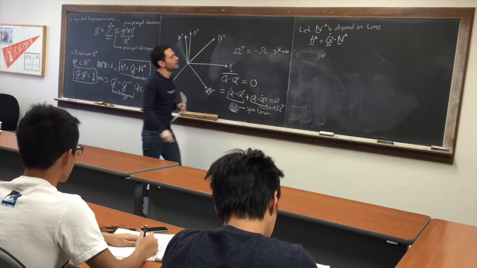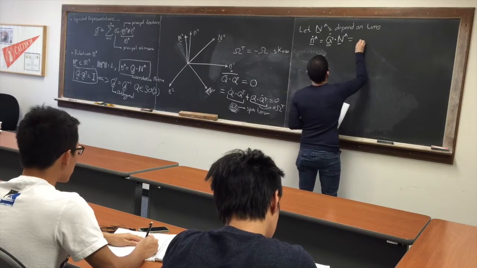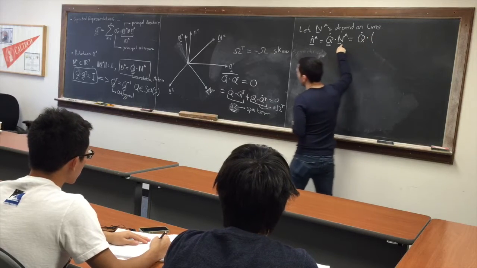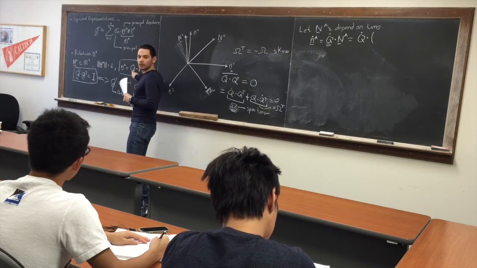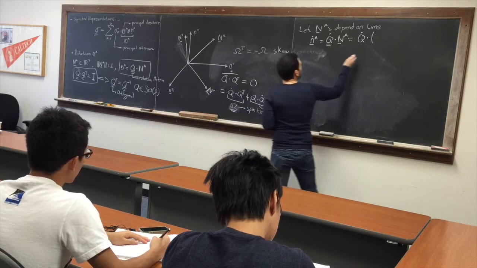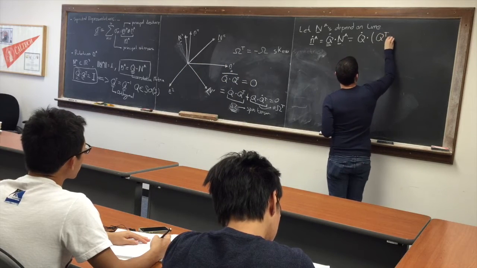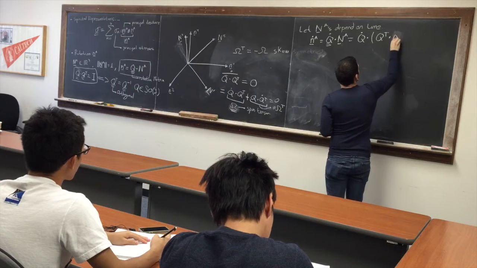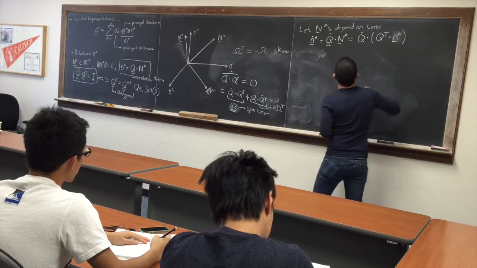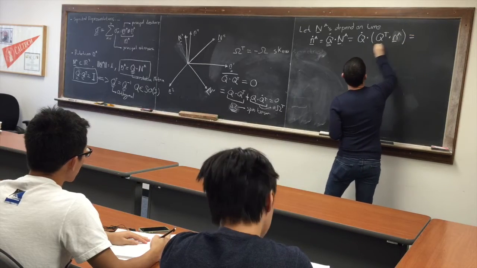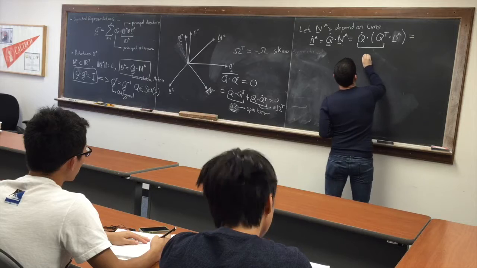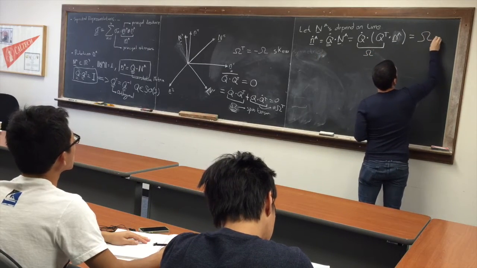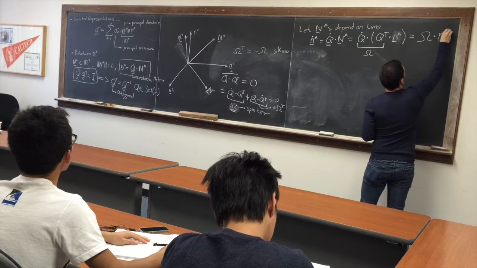And from here we can rewrite this one. This one is equal to Q dot times Q transpose times NA, sorry, lowercase NA, right? But this guy here is omega. So this one is equal to omega times NA.